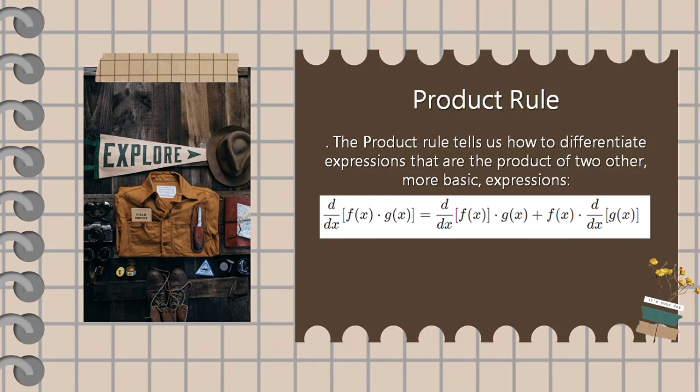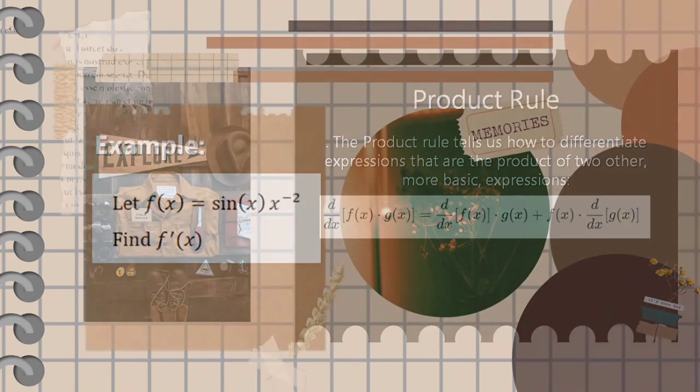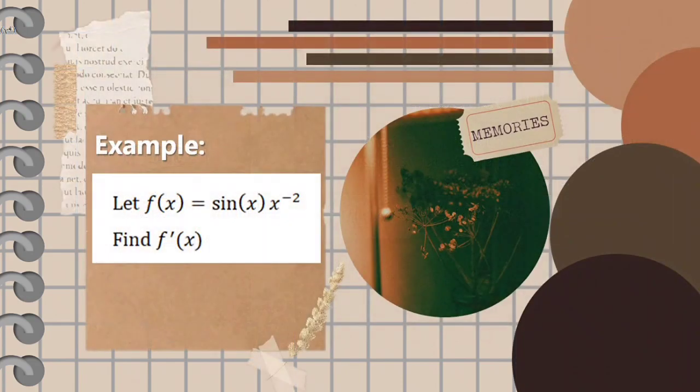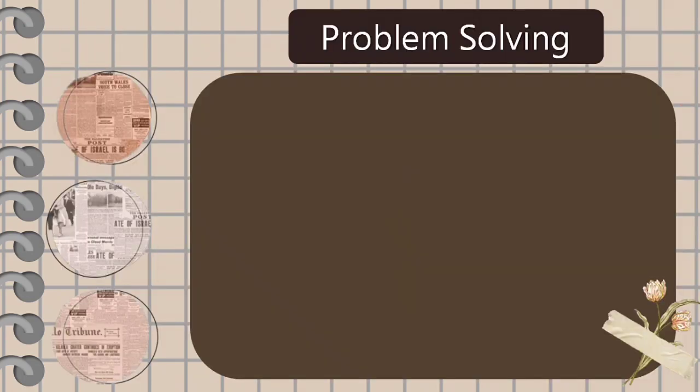The product rule is used when the derivative of the product of functions is to be taken. Example problem: let f of x be equal to sine of x times x to the power of negative 2. Find f prime of x.